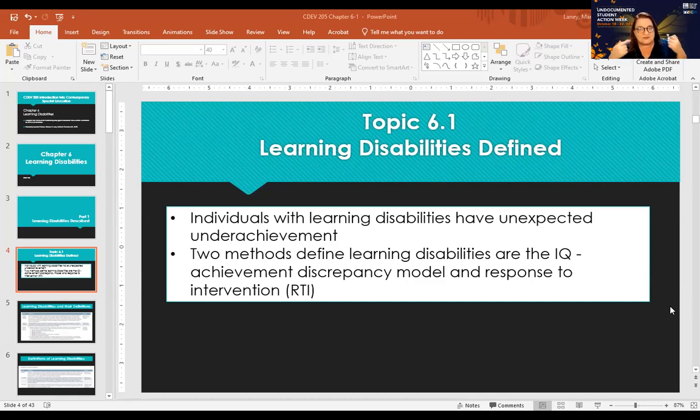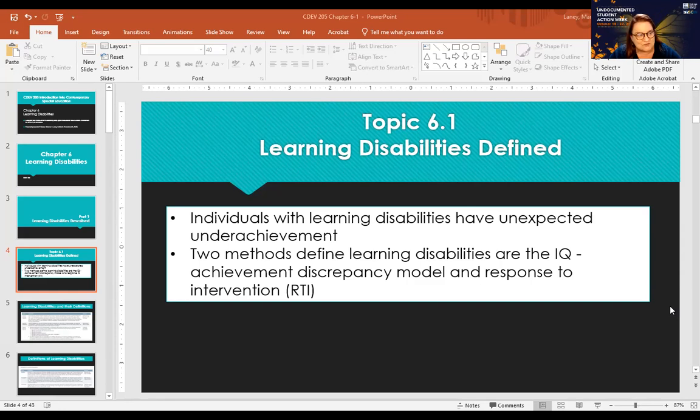If more than one adult is scratching their head, like, why is little Johnny or little Sarah not getting it, when she sits with a book and he sits still during circle time and seems engaged? If there's an unexpected underachievement, they're just not doing well given every other support and circumstance, that's your clue.